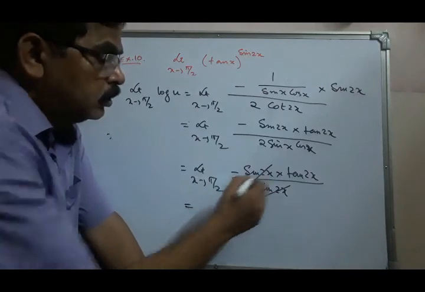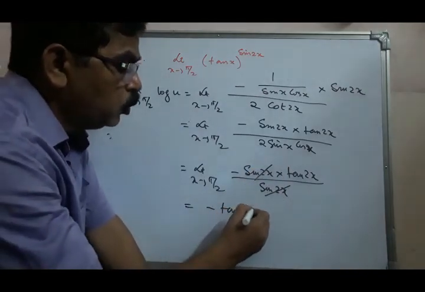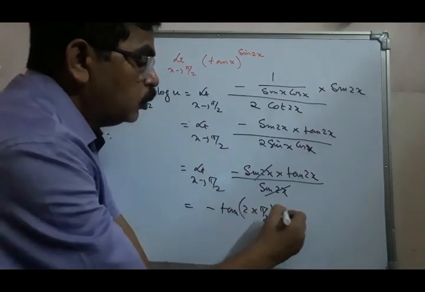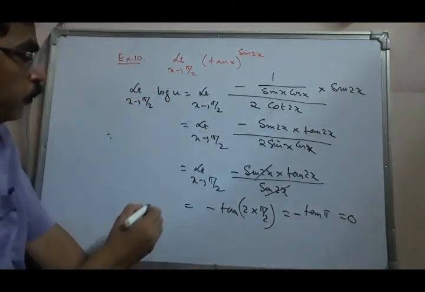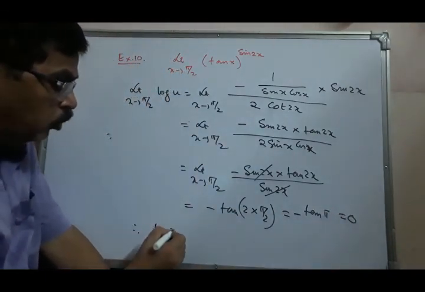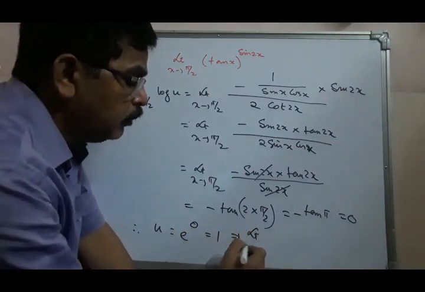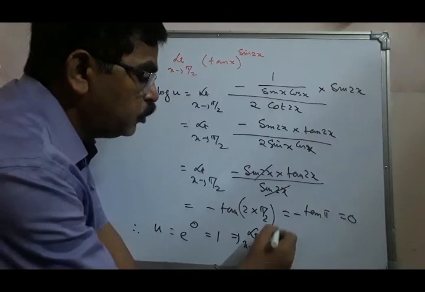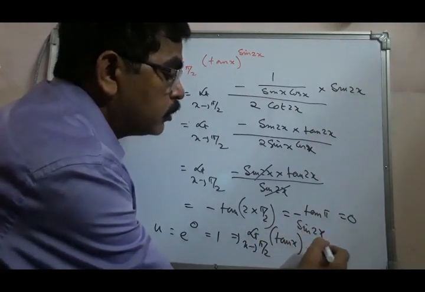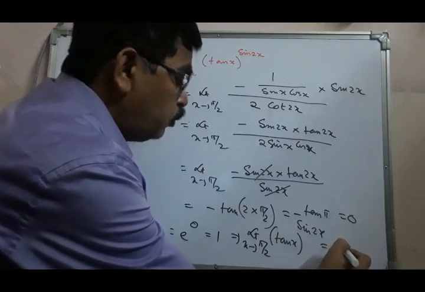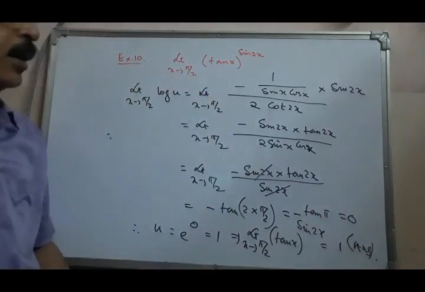It is cancelled, and pi by 2 means minus tan 2 into pi by 2, which is minus tan pi equal to 0, and therefore u equal to e to the power 0, and that is equal to 1. Hence limit x tending to pi by 2 tan x to the power sin 2x equal to e to the power 0, that is 1. So this is the answer.